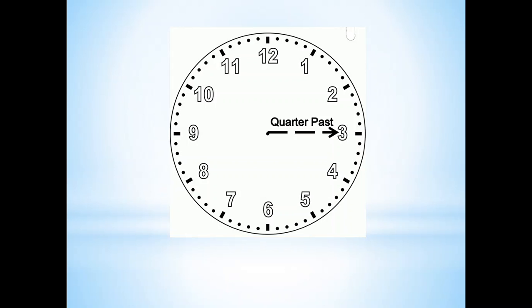You see, a clock is like a circle, like a pizza. When I give you a pizza and ask you to cut it into 4 slices, you would cut 4 quarters like this. So when the minutes hand goes from 12 to 3, it's called quarter past.